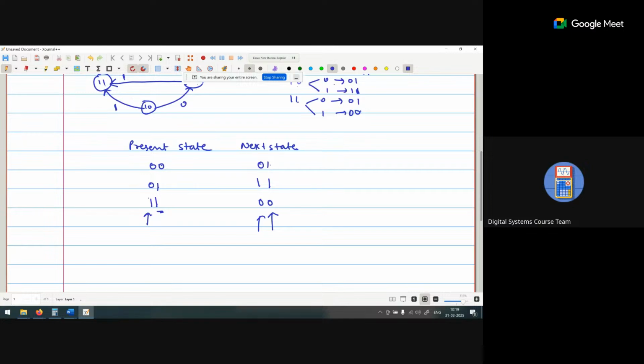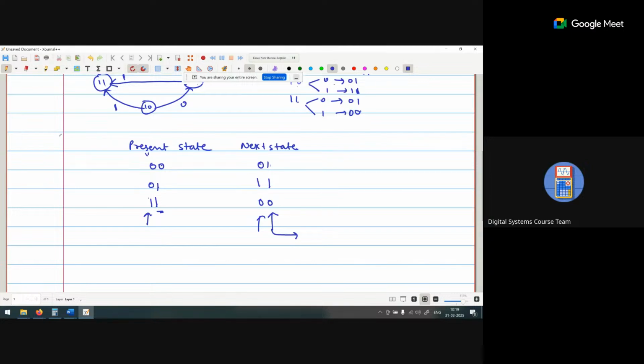So if I take this as a, this one is available in these two positions.